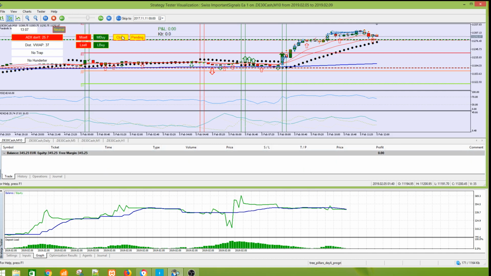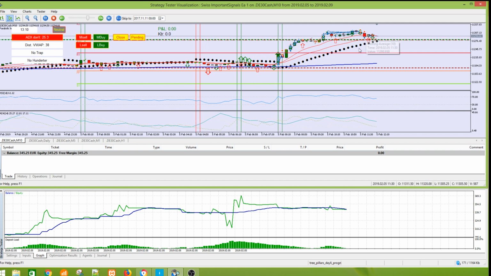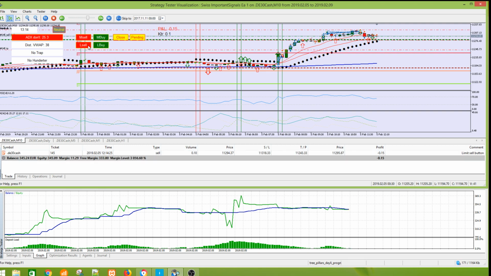Close. It doesn't fulfill. I think it would come up to over 11,300, but it's not the case. I just try a limit sell. Just a feeler.